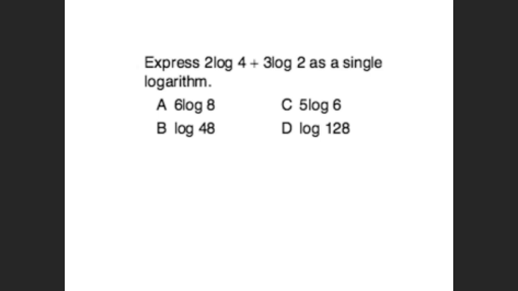So in this problem here, it says express 2 times log base 4. I'm sorry, there's no base, it's really base 10. So 2 log base 10 of 4 plus 3 log base 10 of 2 as a single logarithm. Well, I can't rewrite them as single logarithms if there's numbers in front. So I'm just going to rewrite this as the log base 10 of 4 to the second plus, and then I'm going to bring the 3 up, so that's going to be log base 10 of 2 to the third.